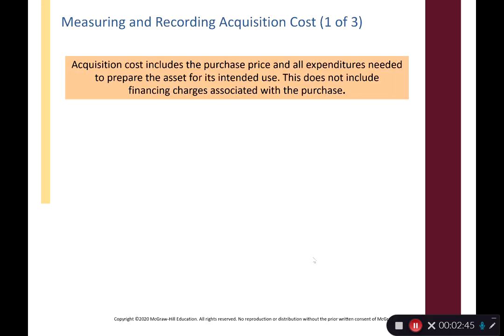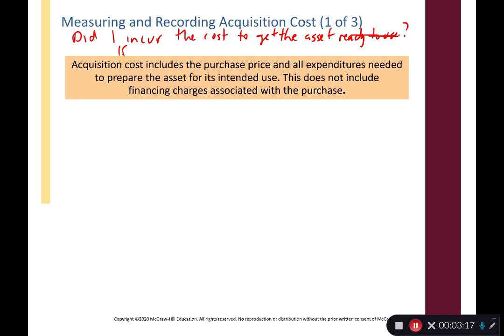So let's talk first about how we record the purchase of these long-term assets. The acquisition cost includes the purchase price and all expenditures needed to prepare the asset and get it ready for its intended use. So the question you want to ask yourself is, did I incur the cost to get the asset ready to use?